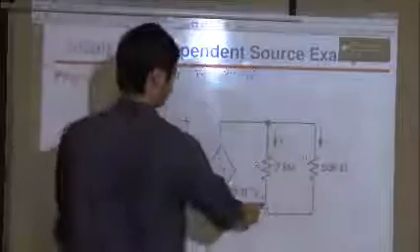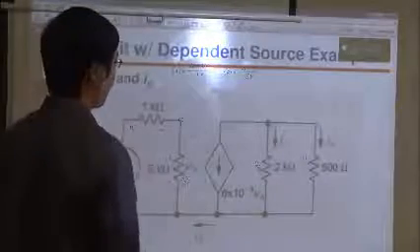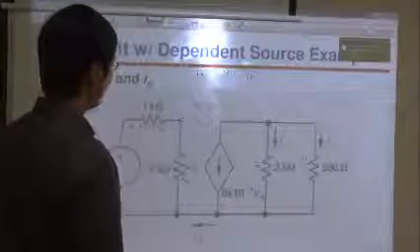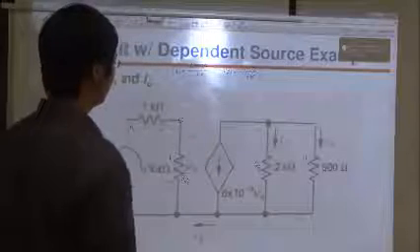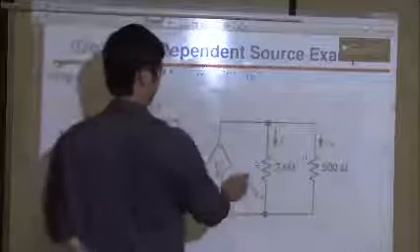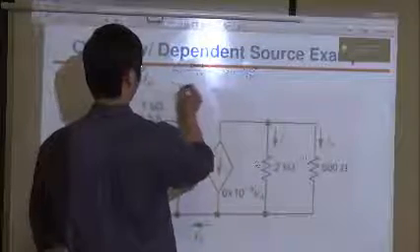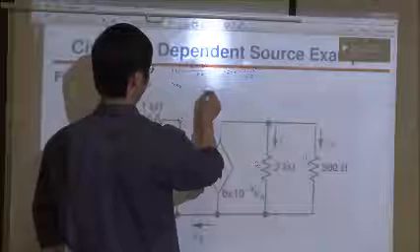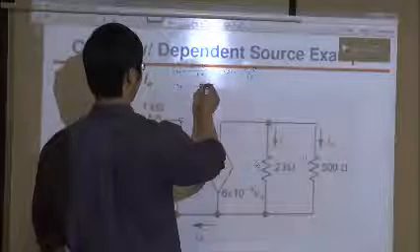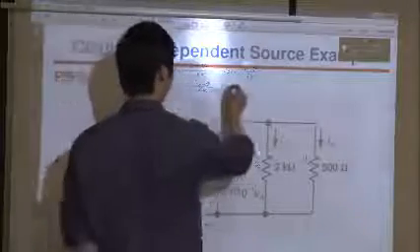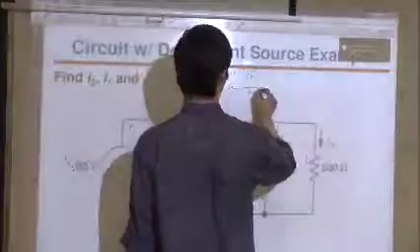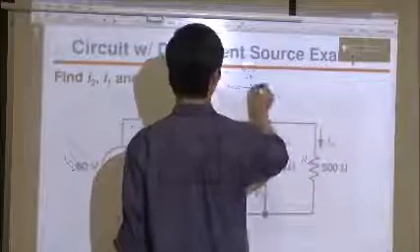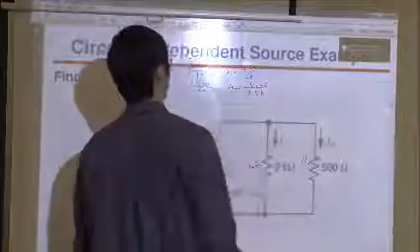Now IR3, which will be 2K of V2 minus V1, right? And IR4 will be the same, just only this one is different, V2 minus 0. Okay?